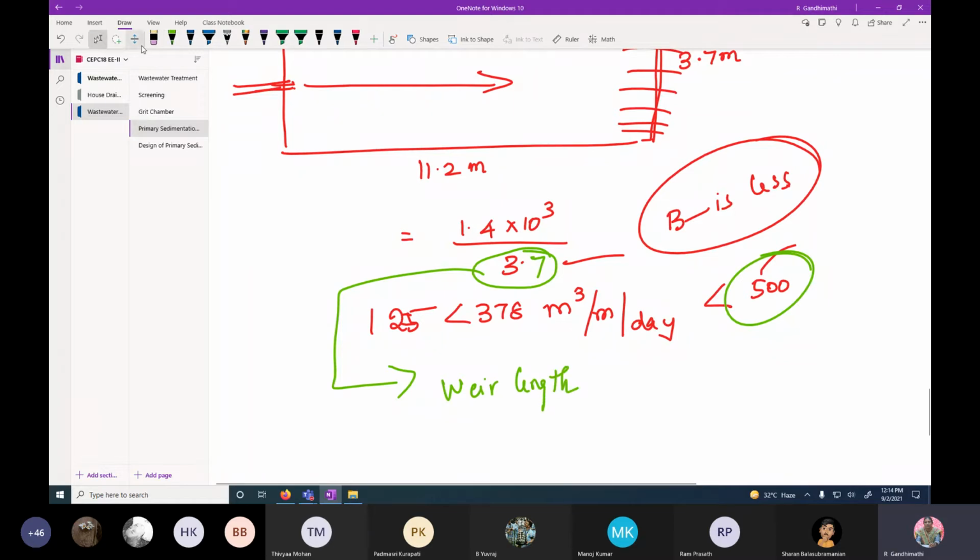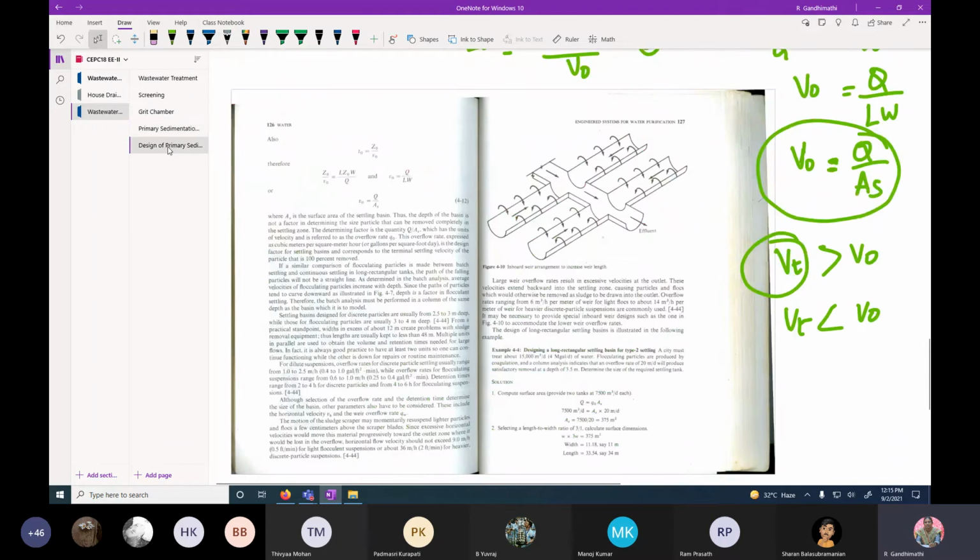To increase the weir length, we have to provide weir arrangements like this. This is the width of the chamber. Near the outlet, in the outlet zone, you have to provide one more weir.